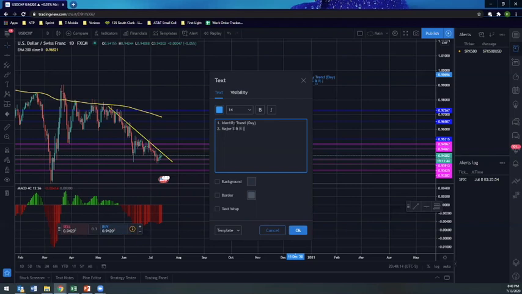And that is good for the 4-hour. Then you want to have your secondary support and resistance. And these will be your TPs. And you want to do that on the 1-hour.